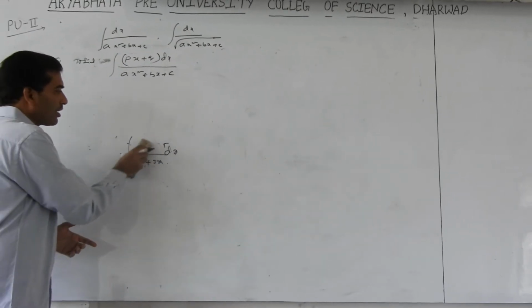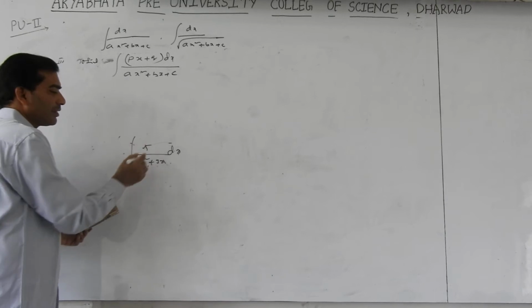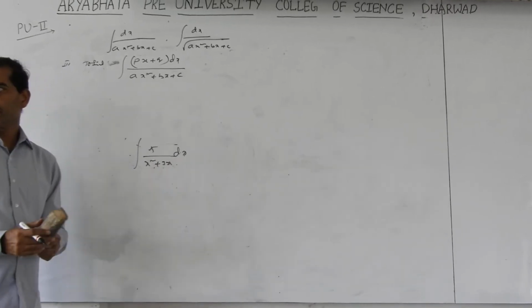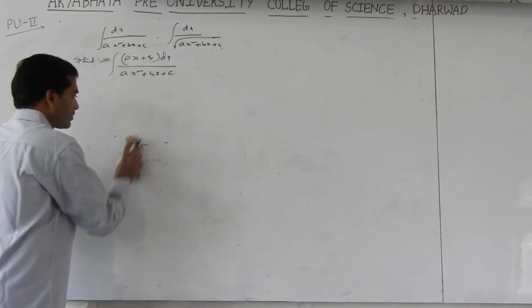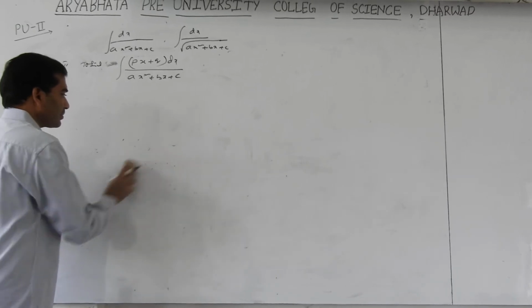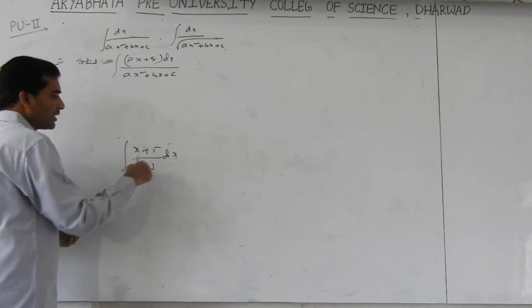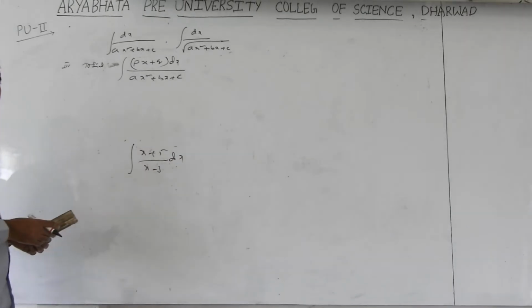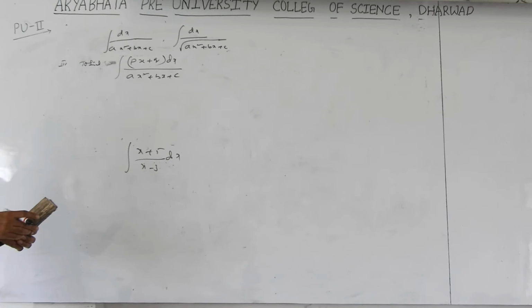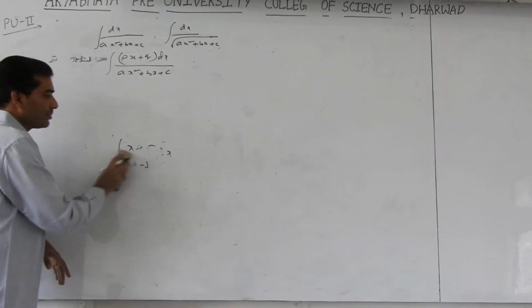Okay? If 2x is not there, only 5 will be there, first. Integration of x plus 5 by x minus 3 dx. Is it the first method? No. Second method? No. Third method? No. It's not that form.